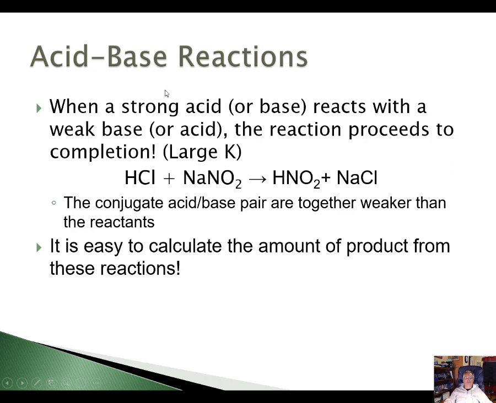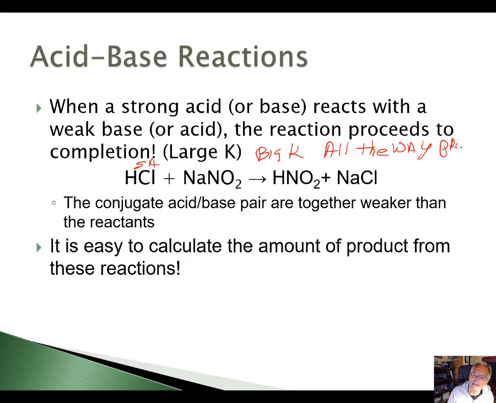Okay, acid-base reactions. When a strong acid or base reacts with a weak base or acid, the reaction proceeds to completion. Big K, anytime, guys, you have either a strong acid or a strong base, which we don't have in this particular case, it's a big K reaction, and that means it goes all the way to products.